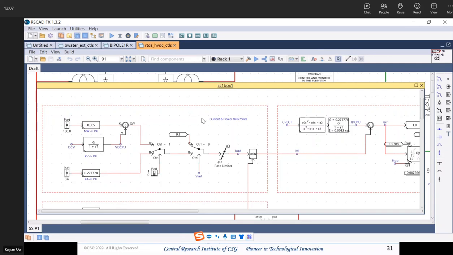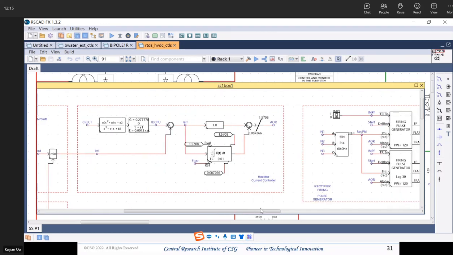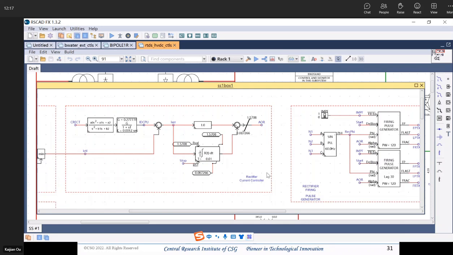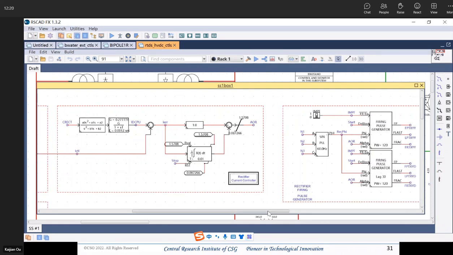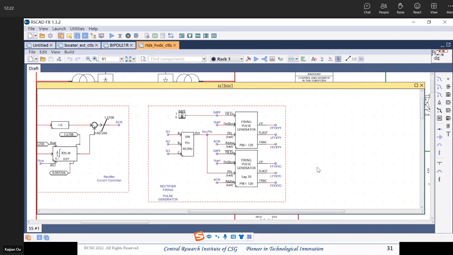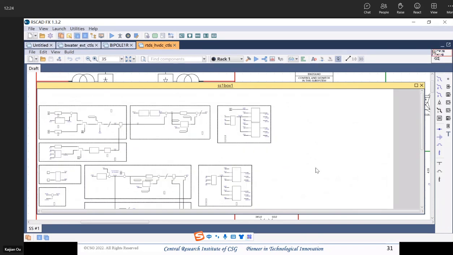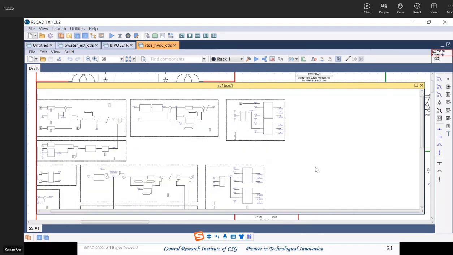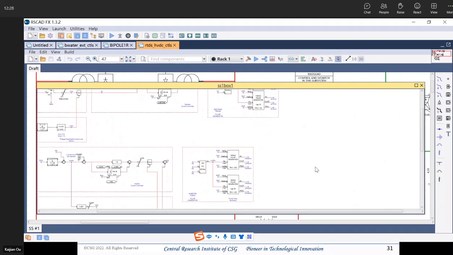And right here is the current and power setting point control, and also here is the rectifier current control. Like this, many kinds of control. So this model uses the RTDS software control, not physical control.